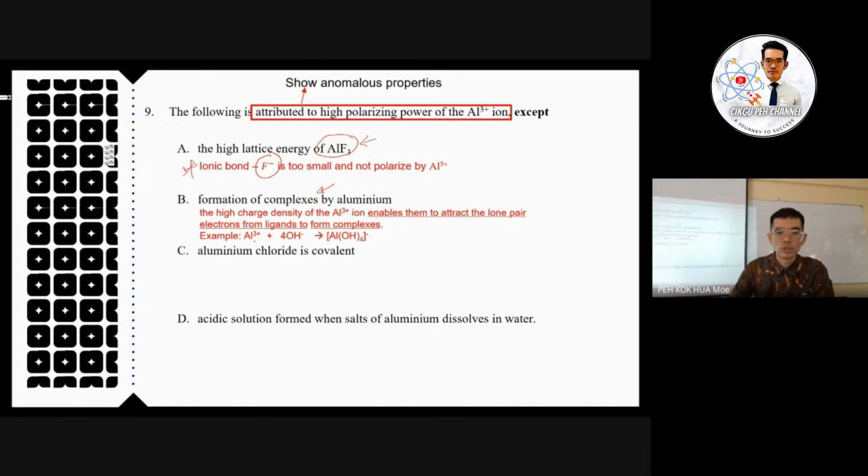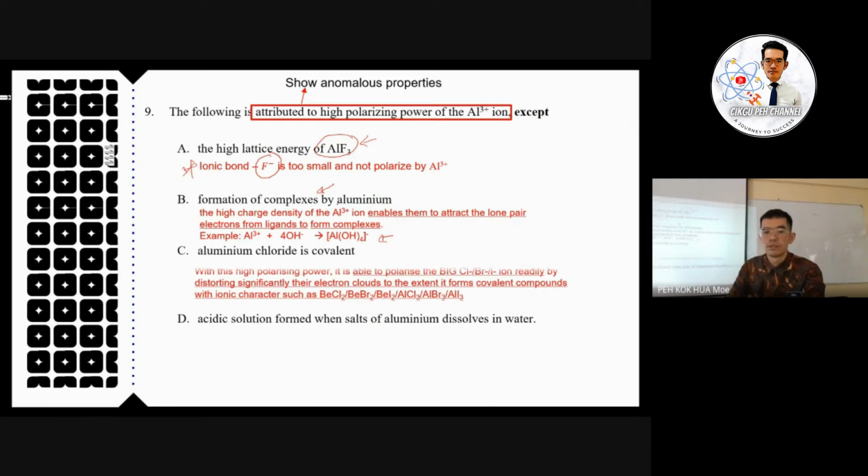Okay, so the equation will be aluminium 3+ with the OH- hydroxide ion here and become the complex ion. Then for C, aluminium chloride is covalent, with high polarizing power.